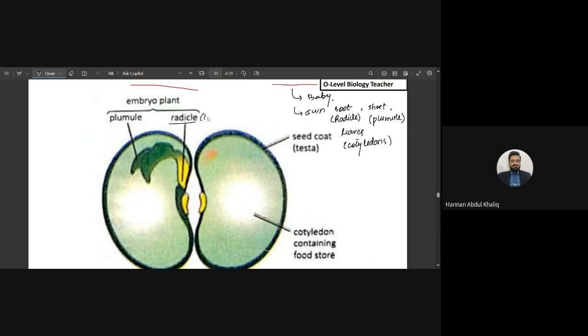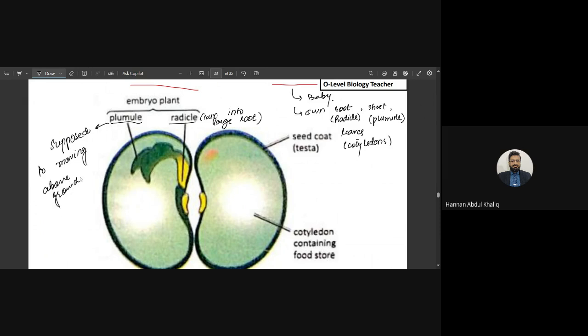It would turn into a large root when it is sown. The plumule is the point that is supposed to move above ground. It means it is going to be the shoot moving above ground.